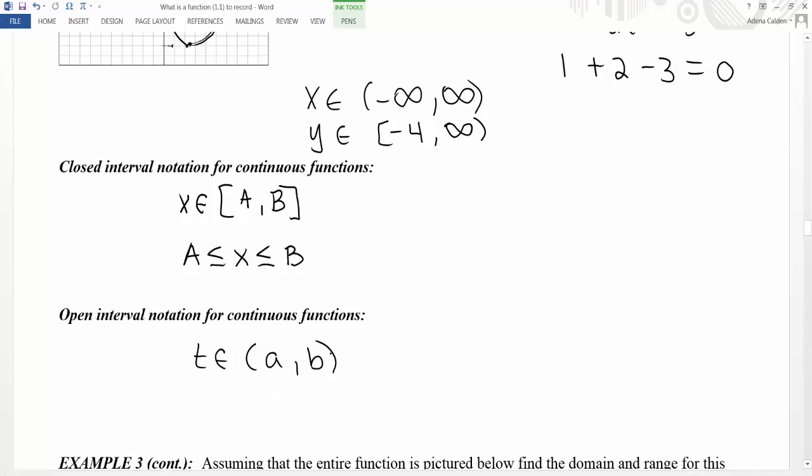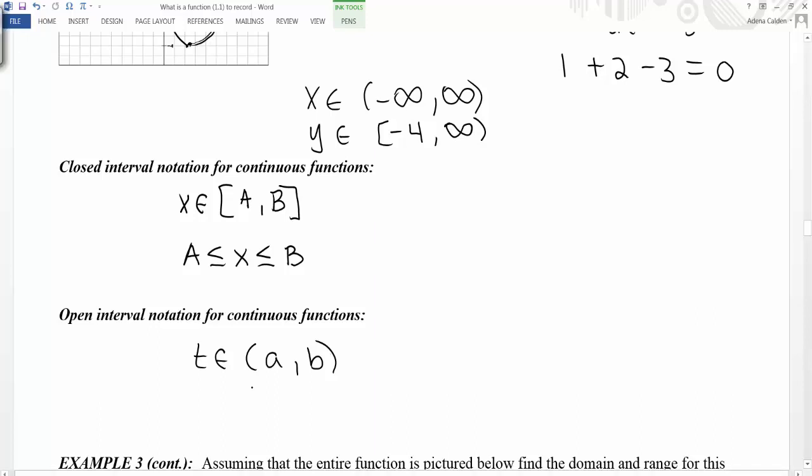It's these parentheses. The parentheses tell us that we're looking between a and b, but we cannot include the a and b. So we will strictly be between them. So if a is 1 and b is 2, then t can take on values like 1.1, 1.2, but it cannot take on the value of 1 or 2, just things between them.